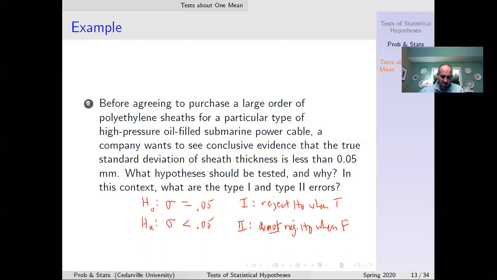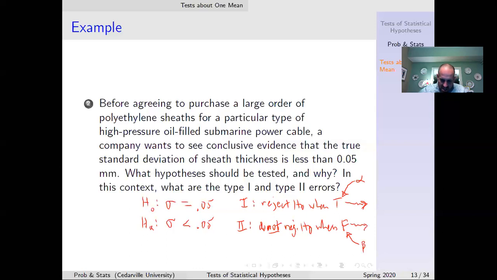Again, for the type 1 error we have a number that we associate with that called alpha, and for the second type, we'll call that beta.